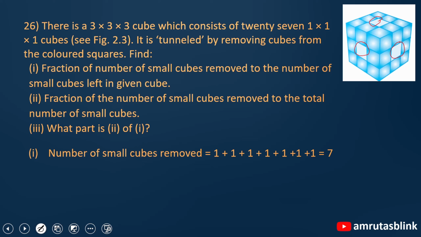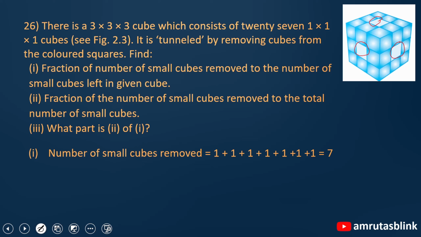And the one at the centermost part, because it has to be tunneled through and through, also needs to be removed. So 6 initial and one more, that means 7 cubes are removed.